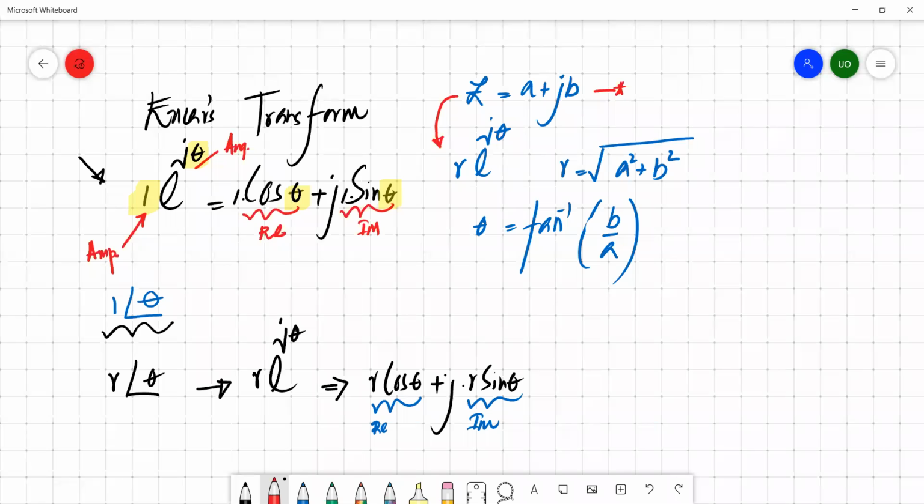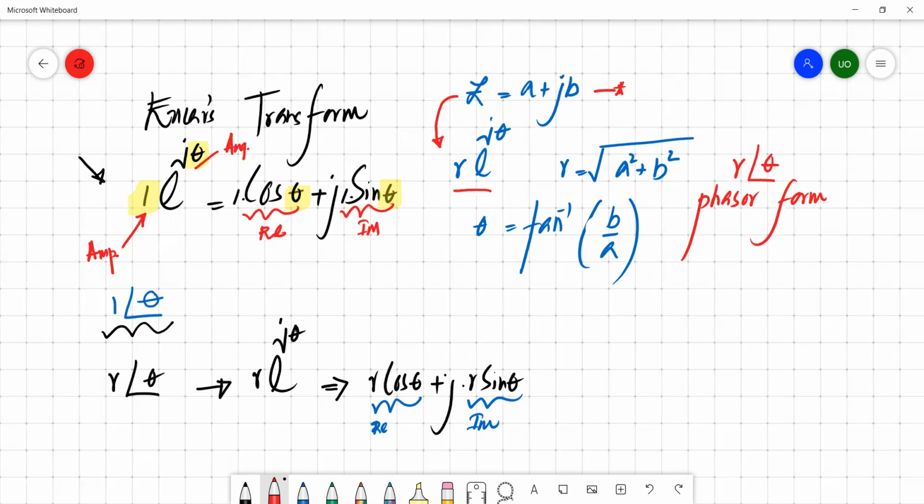So if you convert it into this polar form, you can represent it using this. This is called phasor form, r theta.